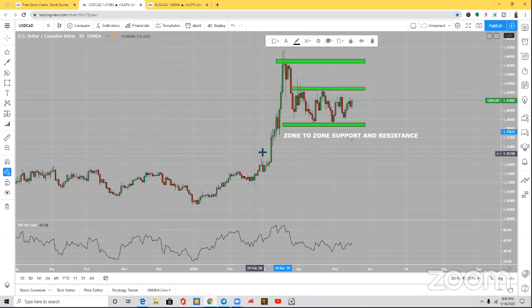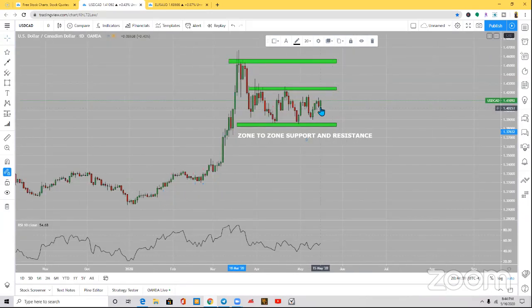It's still going up. So weekly candle closed bullish. Friday's candle also closed bullish. So we should be looking for buys, like I mentioned.